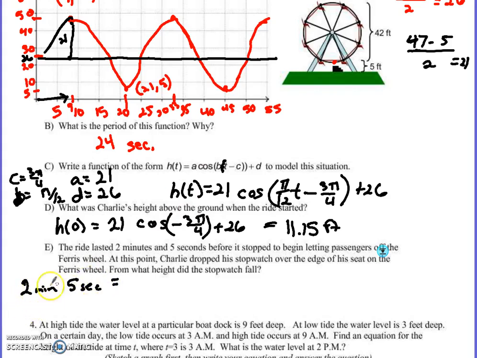Well, that's 60, 120, 125 seconds. So 125 seconds, and we just want to find H of 125, which you can do in the calculator. If you make your t become 125 and type that in and solve, you should get 36.5. And this H is in feet. That's his height. So it's 36.5 feet.